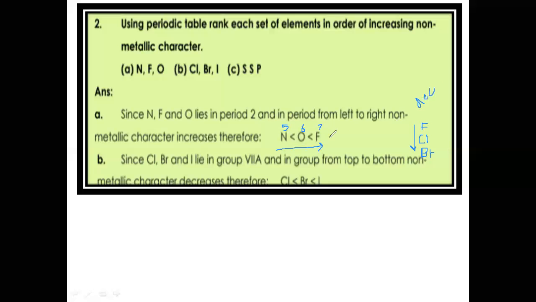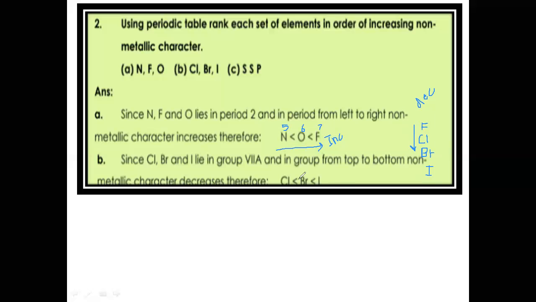It decreases from top to bottom, and it increases from left to right. So the element with the most non-metallic character will be fluorine, then chlorine, then bromine, and after bromine is iodine. Iodine will be the least non-metallic in nature.